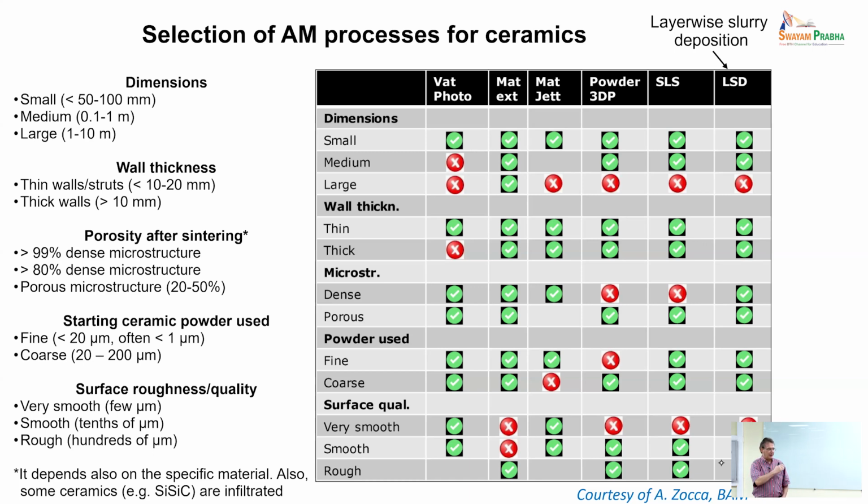With this approach, layer-wise slurry deposition, you actually use an aqueous slurry, which is typically used for making any kind of ceramic part. So you can use fine particles. And since you have water, that helps with spreading the layer, okay? So you can have highly concentrated pastes or slurries, and you can spread them evenly.